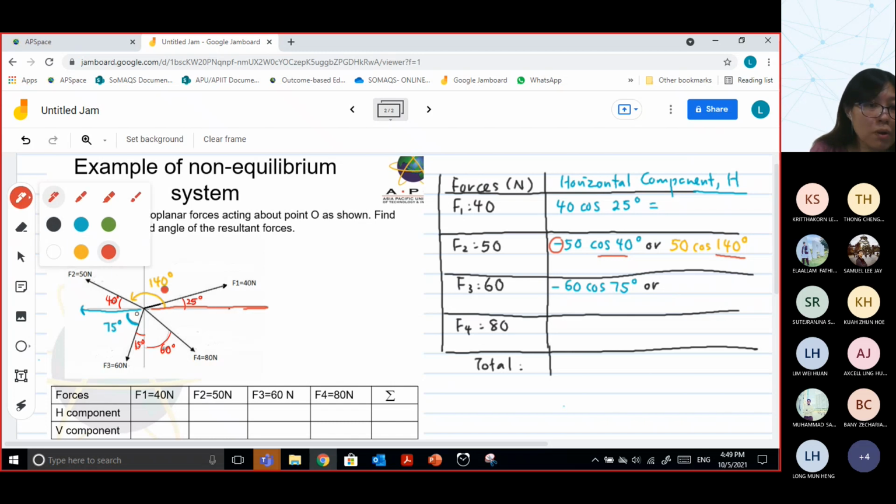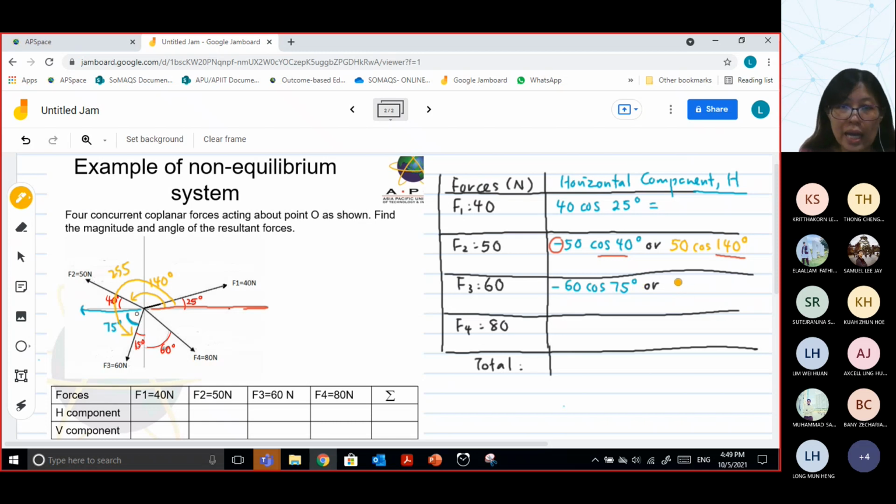From the positive x-axis to here, what is the angle? 180 plus 75, 255. So you just calculate 60 cos 255 without putting any sign. Let the cos 255 give you the sign.